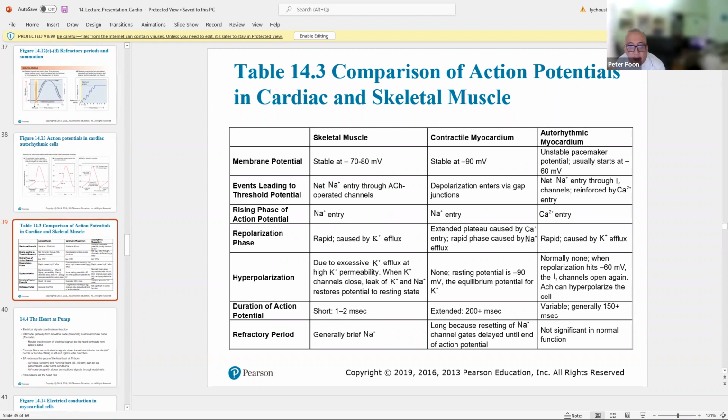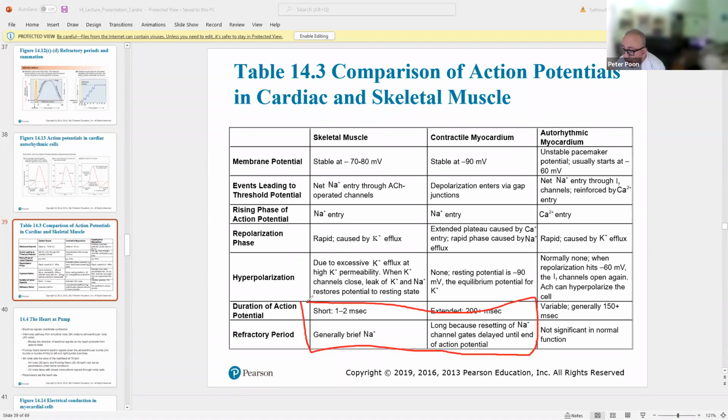The most important thing between skeletal muscle and heart really is the duration of the action potential and the refractory period.